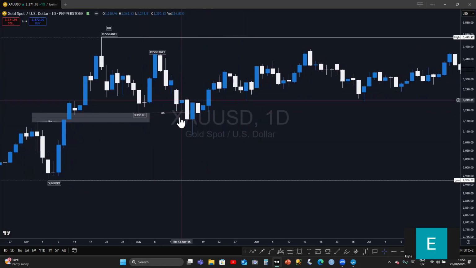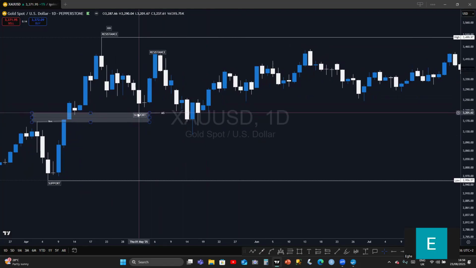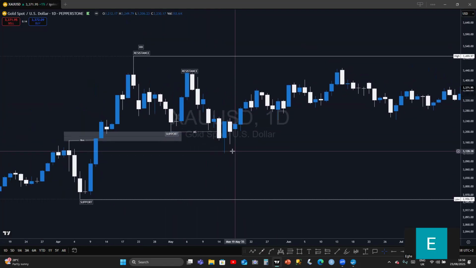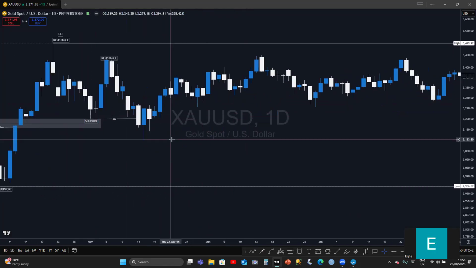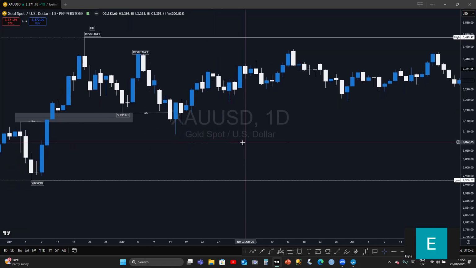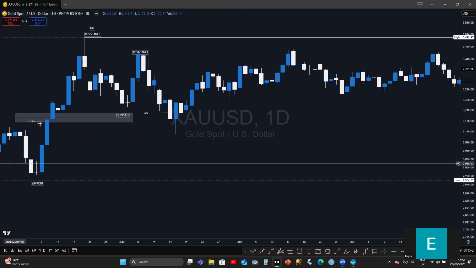Anytime you see a violation of a support level while you are on uptrend, while a trend is bullish, once you see a support level is violated, that is a sign that the price is reversing. That means a bullish trend is now gradually telling you that it wants to start coming down.